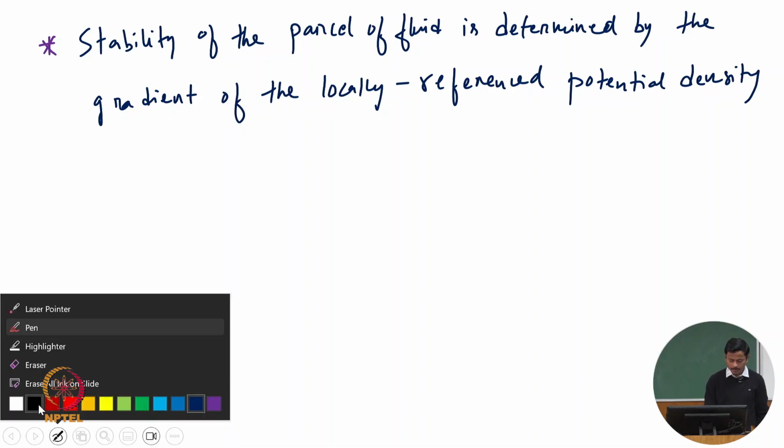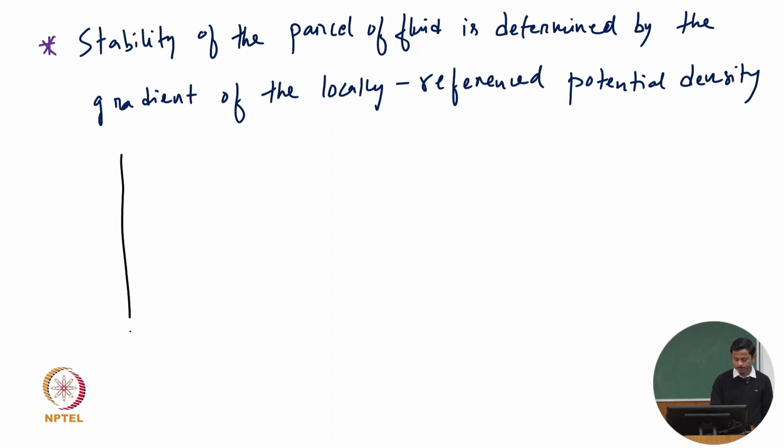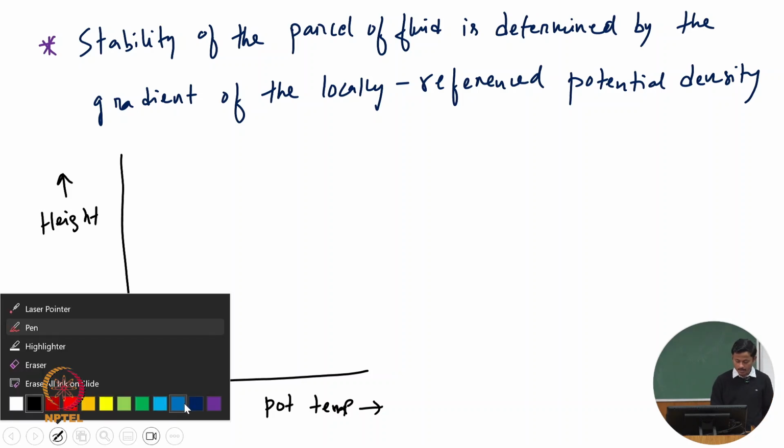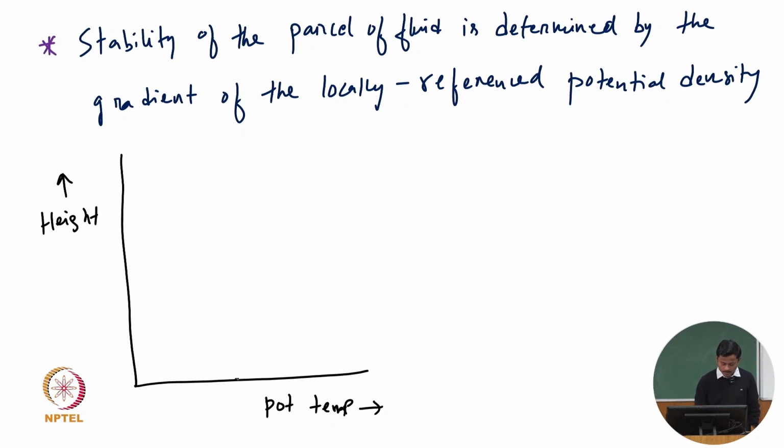So again, a schematic. Just talking about potential temperature, as we have been talking about potential temperature and density. Generally, with height, the potential temperature has a variation, which is of course expected. As temperature varies, potential temperature should also vary. These are very average graphs, so generally it has a profile which looks something like this. This is a very general average profile. It need not always be the case.